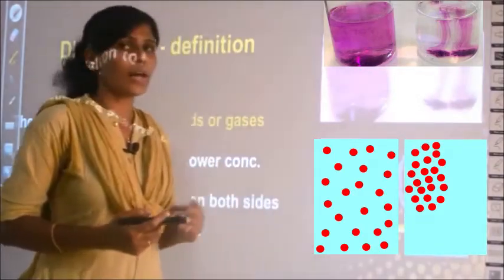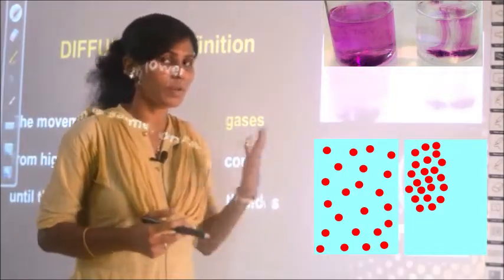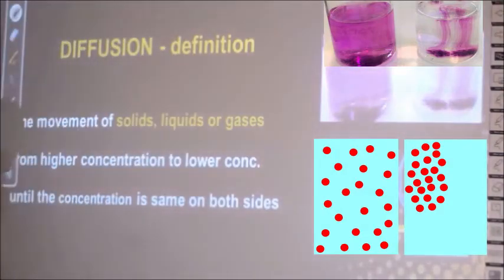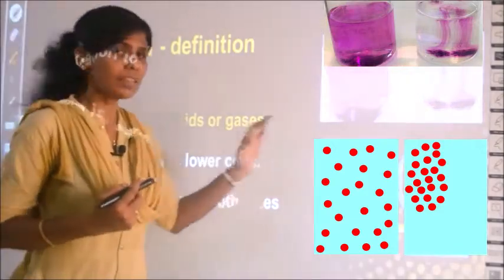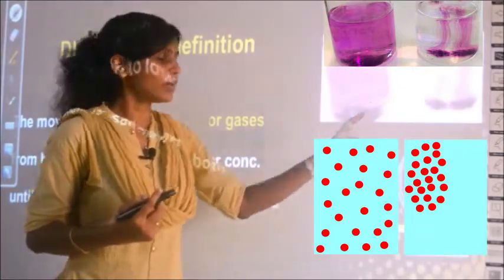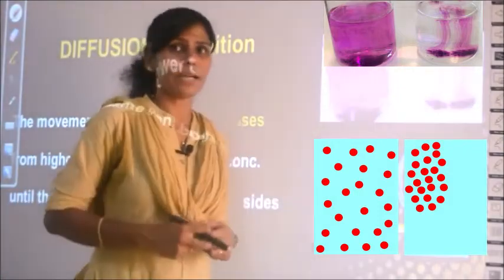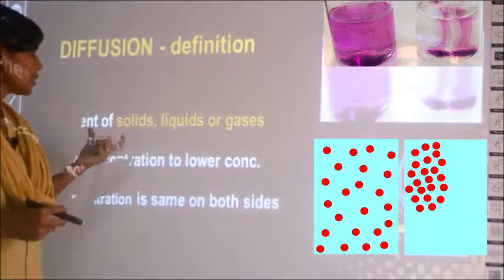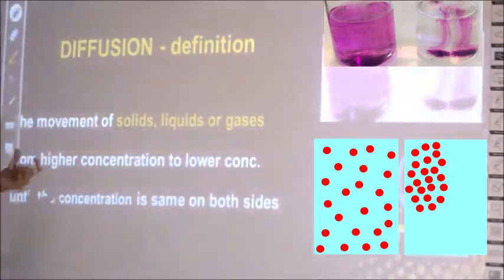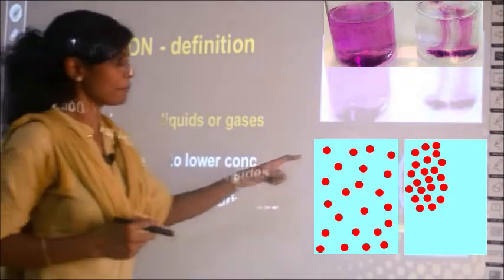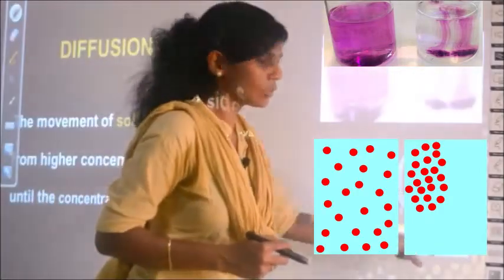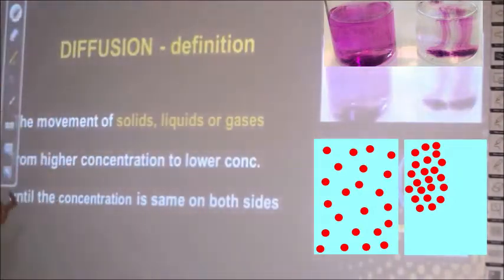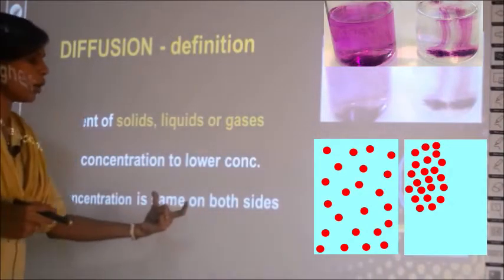Now let's learn the definition for diffusion. You will understand it in a better way. So what is diffusion? Diffusion is the movement of either solids or liquids or gases. In this case it is a solid. I told you dye is always made up of solid particles. So the movement of either solids, liquids or gases from higher concentration to lower concentration until the concentration is the same on both the sides.